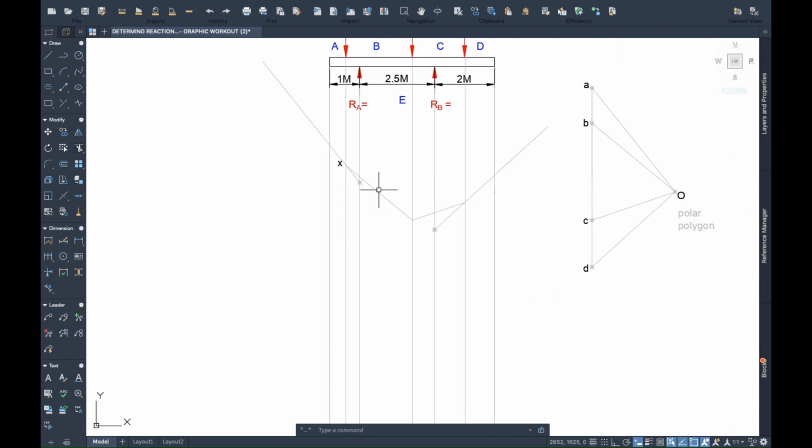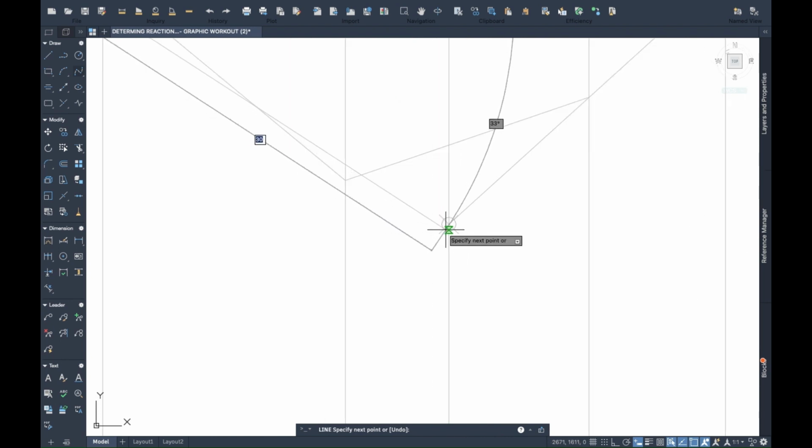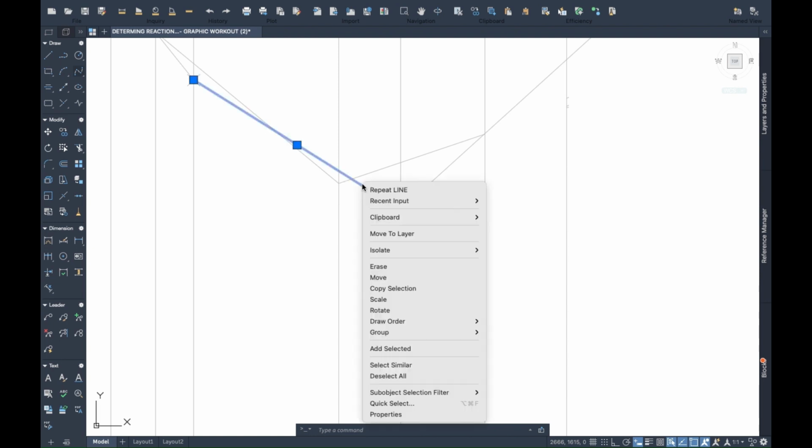Now, notice where the extension of OA touches RA right here, and where the extension of OD touches RB right here, then we are going to connect these 2 points. So we are going to connect from here to there.